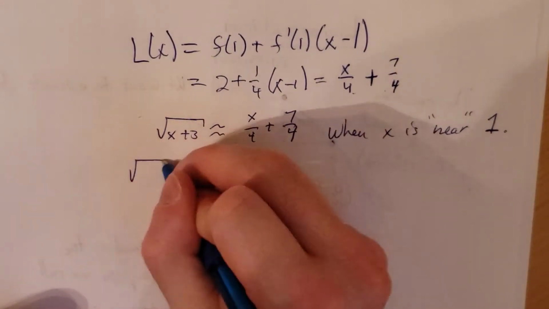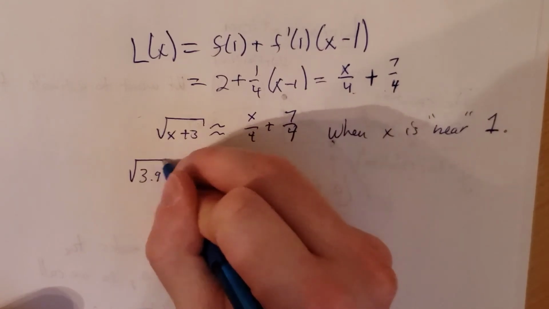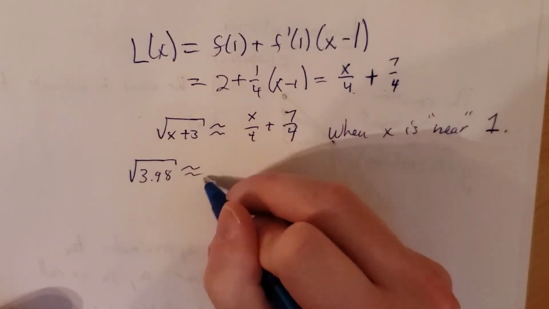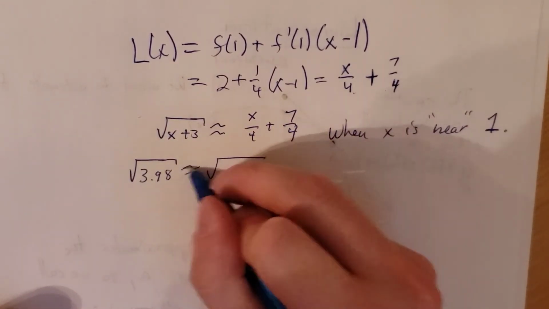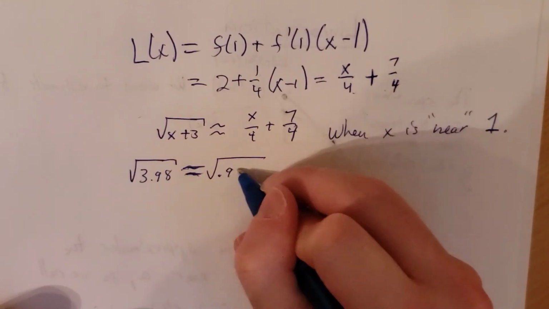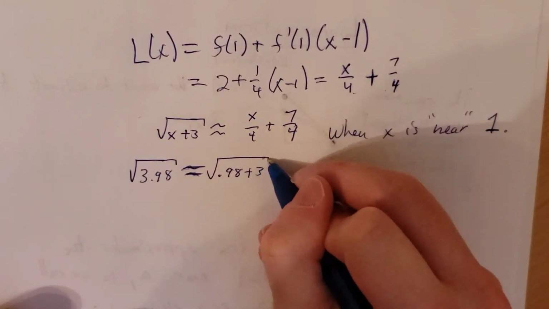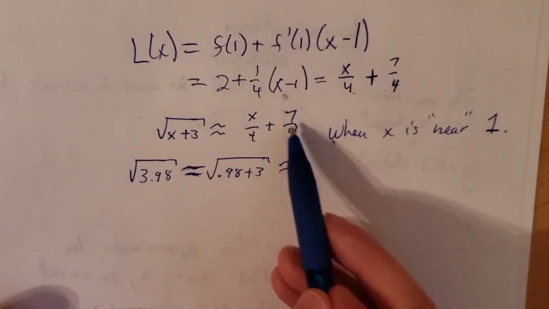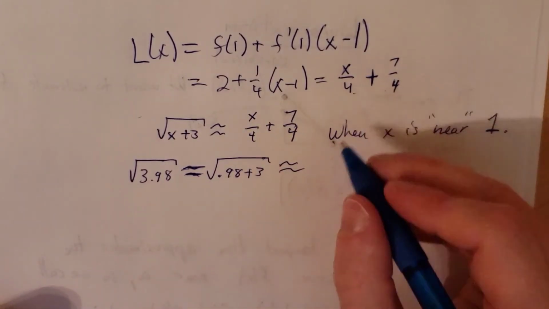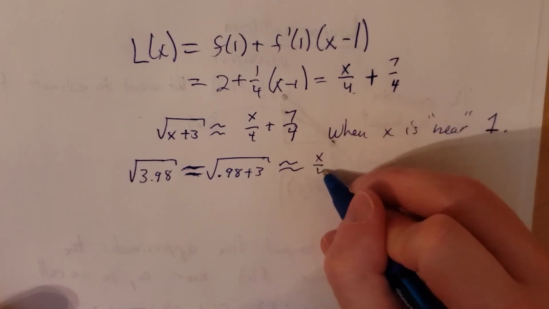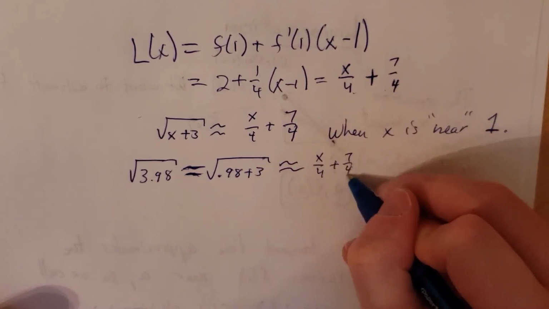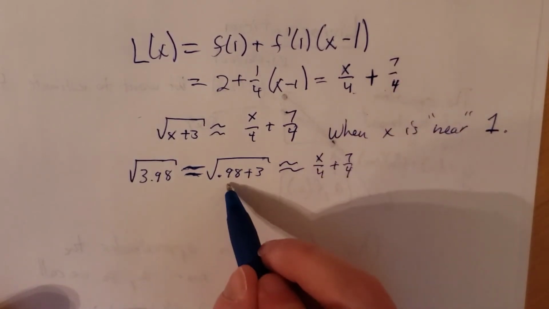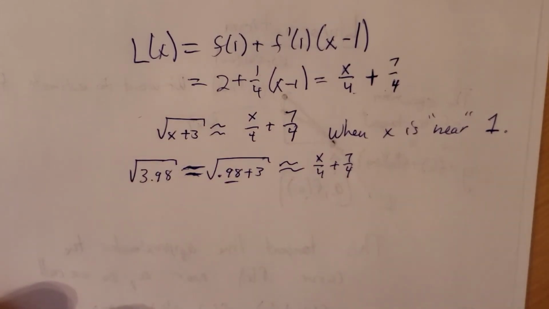So what is the square root of 3.98? Well, it is approximately the square root, this is equal to 0.98 plus the square root of 0.98 plus 3, which is approximately, now we can use this, so this is x over 4 plus 7 over 4, where x is 0.98.